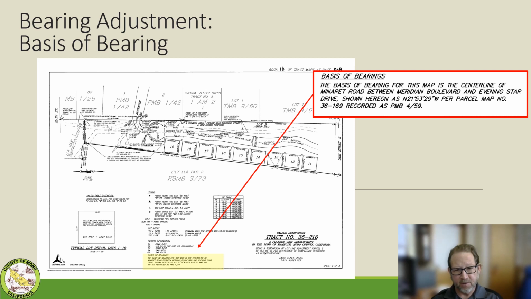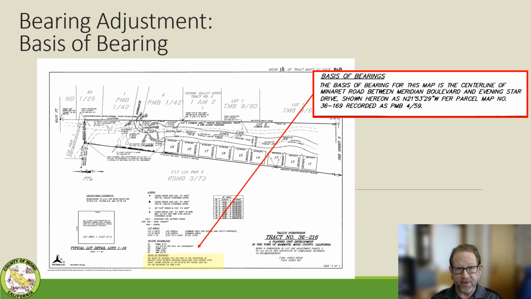The very first thing you need to do when determining to what extent you need to adjust your bearing is to figure out what the basis of bearing is for the document or the legal description that you're attempting to digitize.